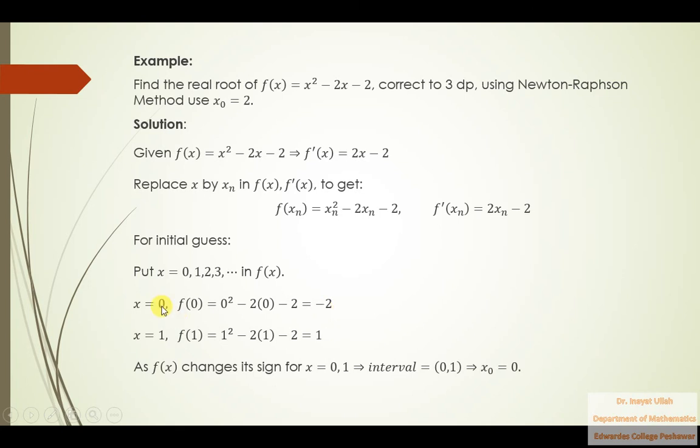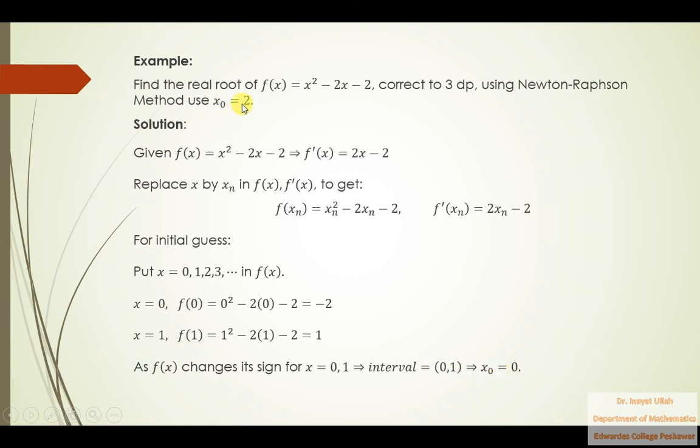For x equal to 0, the function has a negative sign, and for x equal to 1, the function has a positive sign. So as f of x changes its sign between x equal to 0 and x equal to 1, the interval is 0 comma 1, and the smaller value of this interval is actually x naught.